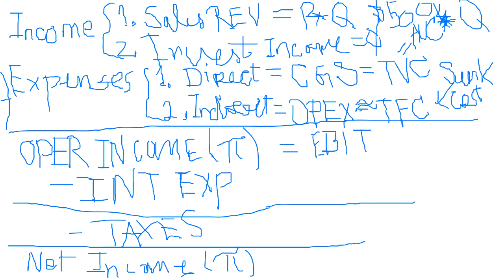It's earnings before interest and taxes. So what comes next? Interest comes next, and then comes taxes. That's why it's called earnings before interest and taxes, right?